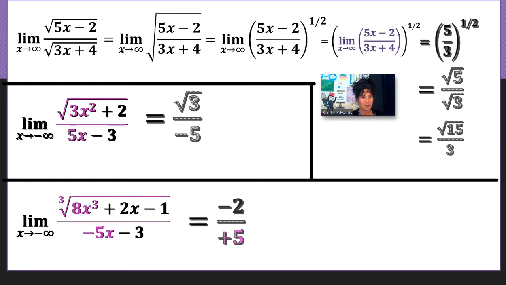You can check yourself. Negative 2/5 is negative 0.4, and if I did have a calculator, I might just substitute in negative 1,000 into this entire expression, and I'm going to get a number that is very close to negative 0.4, because that is the number we're getting close to as we choose x's heading to negative infinity.